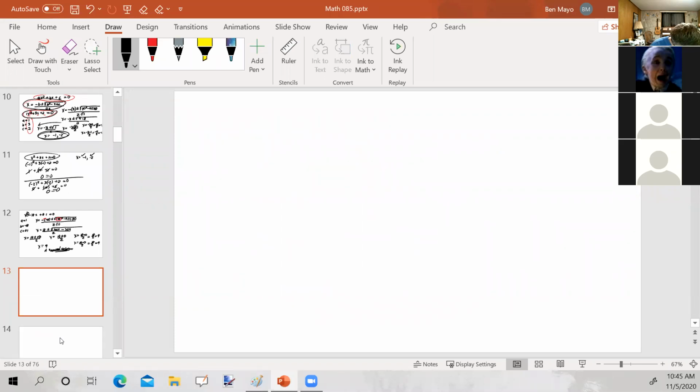Let's see here. We have 6x squared minus x minus 1 equals 0. This problem is also in standard form. So a is 6, b is -1.